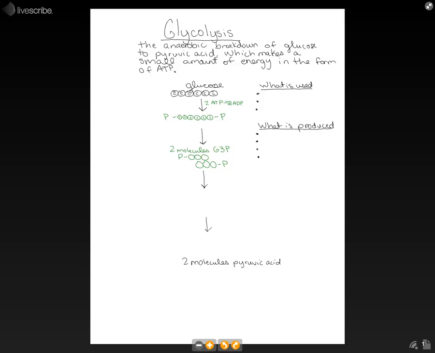The next step, we add 2 phosphates, and we have 2 NAD plus become 2 NADH plus 2 hydrogen ions, and that gives us this, which is those same groups but just phosphorylated more.